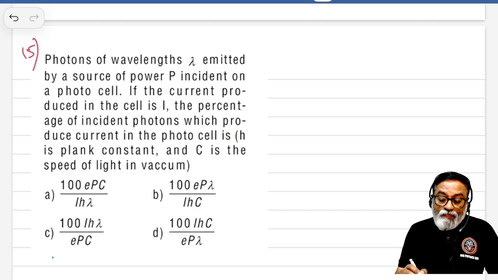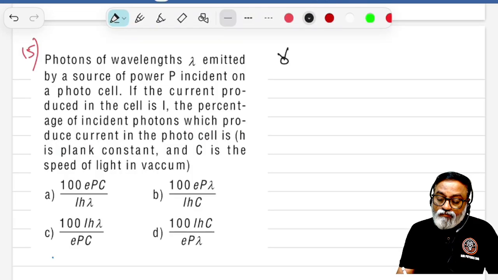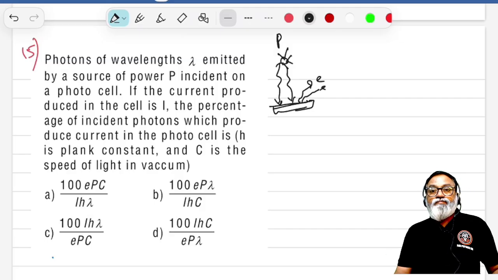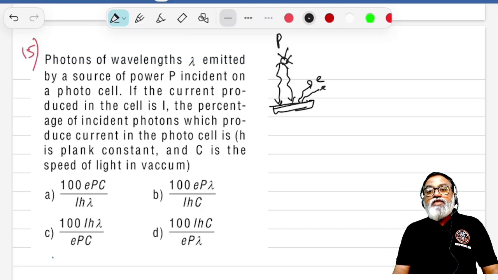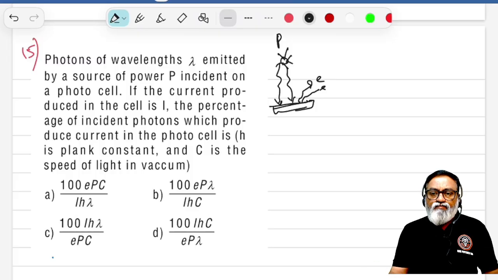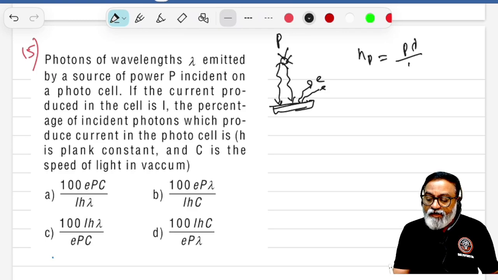For example, this is a source of power P. From this, photons are incident on a photocell. From this photocell, electrons are emitted. See here, the number of photons incident on the photocell, that is the rate of photons emitted per second, Np, is equal to P lambda by hc.